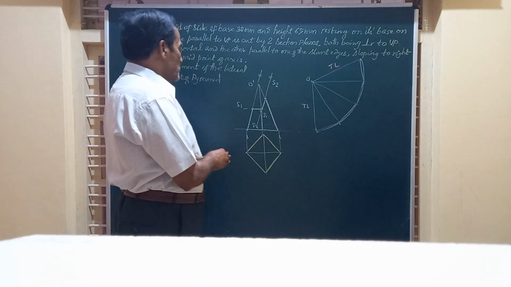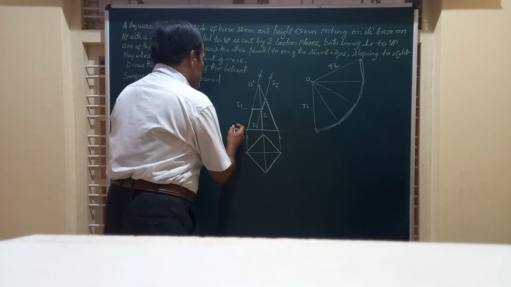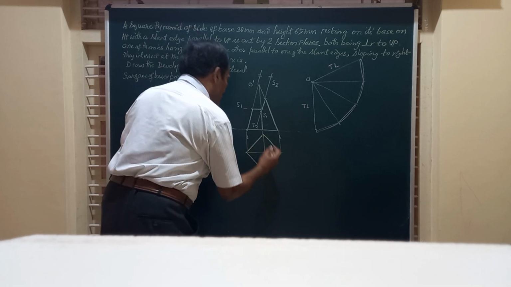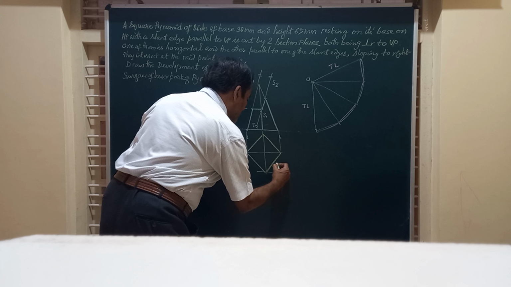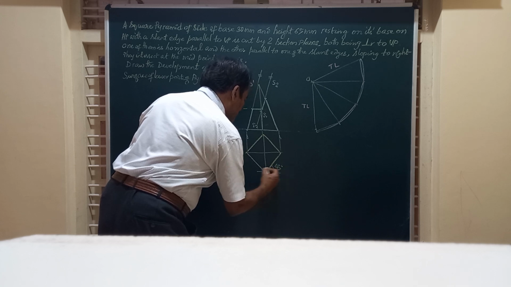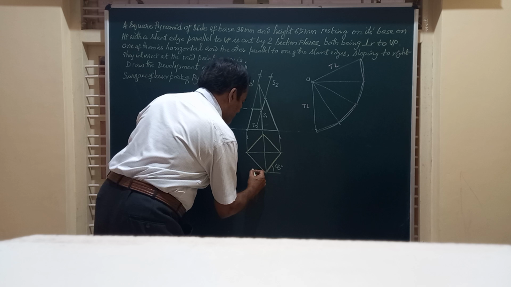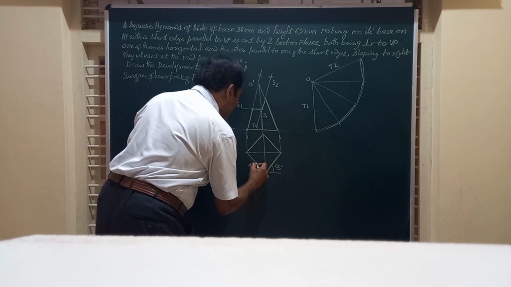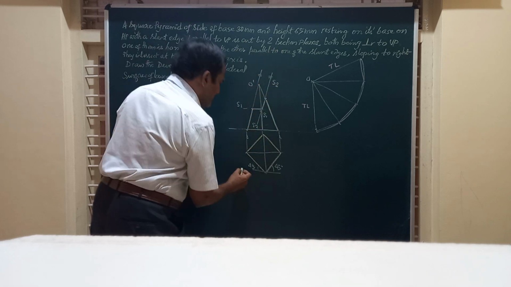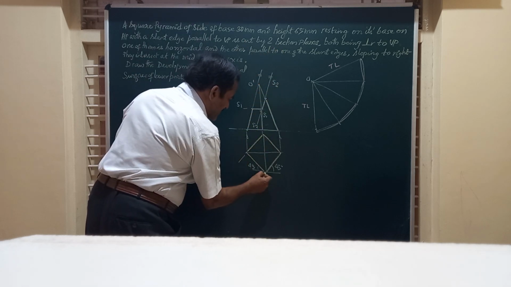So friends, what I do, I write a square in the top view with all the sides making 45 degrees with the VP, or two sides making 45 degrees with VP. It is one and the same. So this is 45 degree. The dimension is 30 mm. It has got a side of 30 millimeter.